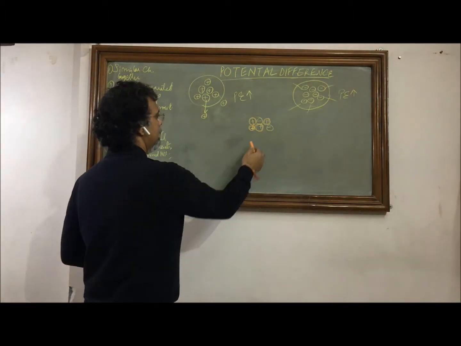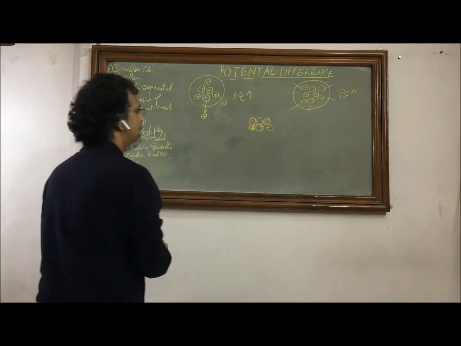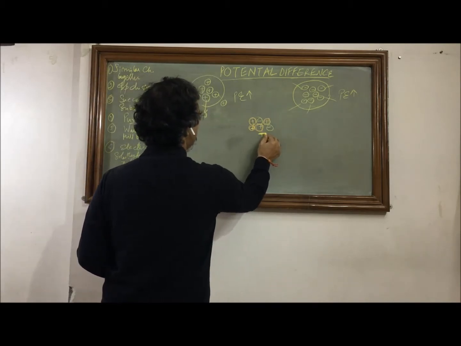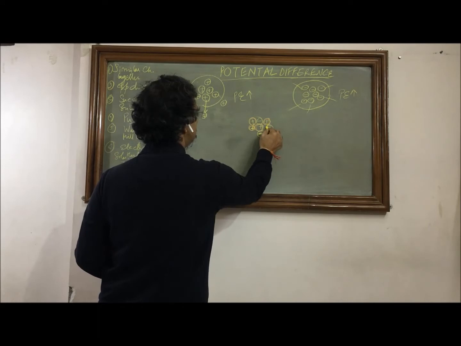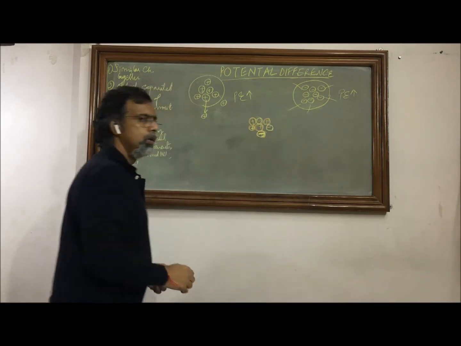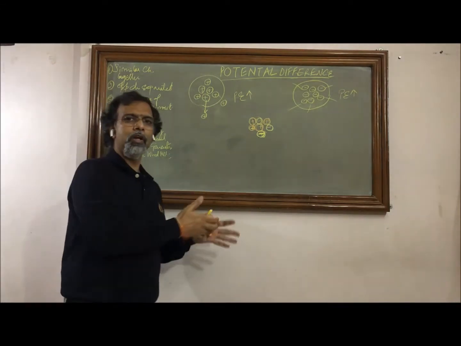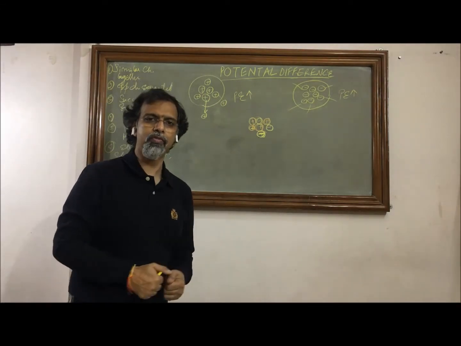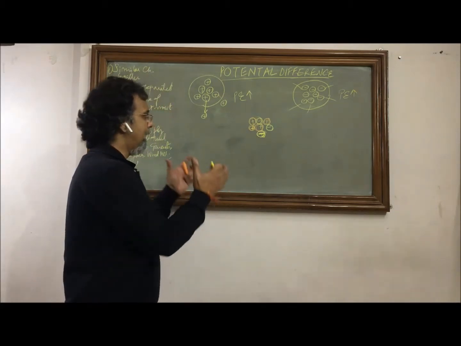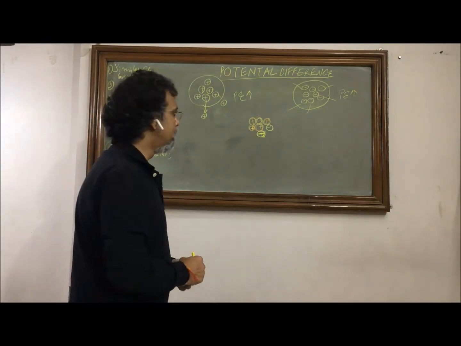Now we see that both of them are equal in number. So now we have 3 negative and 3 positive. So the sum is that there is no charge in this system, though they have particular charges, but as a whole the system is neutral.